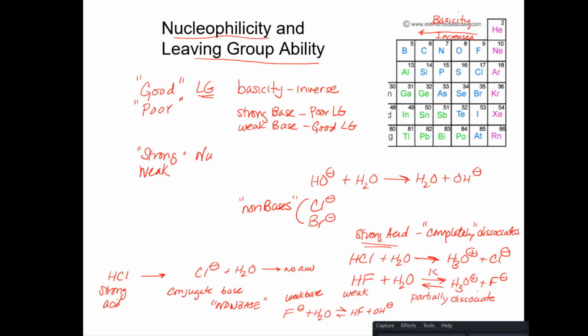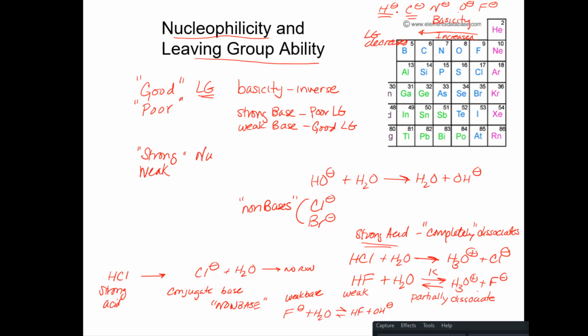And what that means is that a C minus is a stronger base than an N minus, which is stronger than an O minus, which is stronger than an F minus. As a matter of fact, in organic chemistry, C minus and H minus are the strongest bases that we're going to get. N minus next, O minus, and F minus. So as we go from right to left, basicity increases, which means leaving group ability decreases.